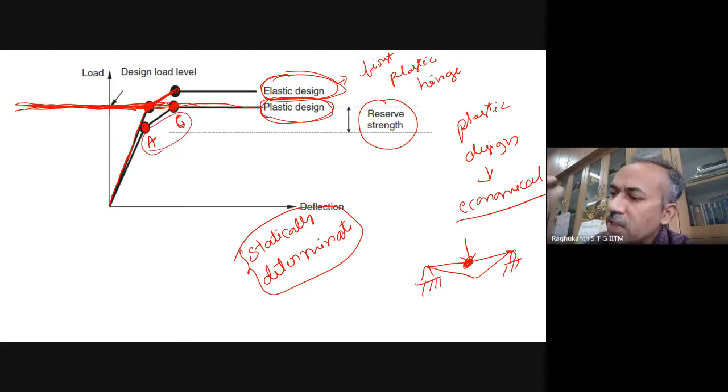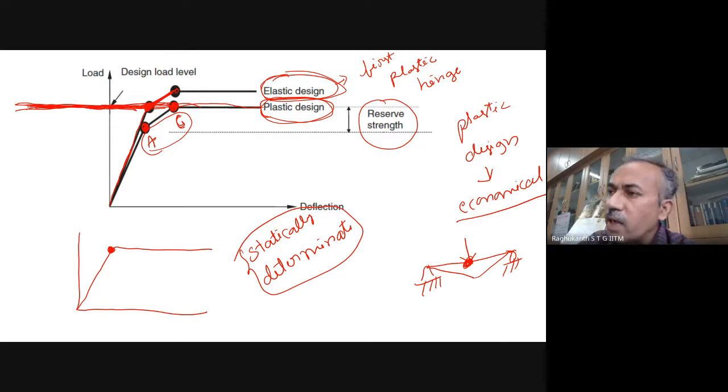Now if it is a statically determinate structure, how will this graph look? For elastic design and plastic design, the hinge has formed, so now it has become like this. Will plastic design have any advantage for determinate structures?